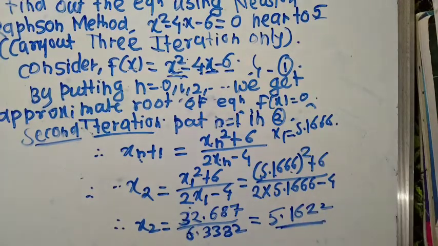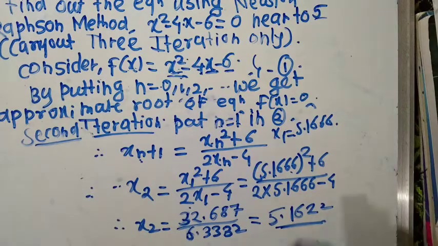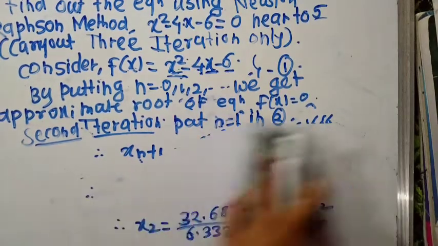It is the second iteration, but here we have to carry out 3 iterations, so we need to find out the third iteration.